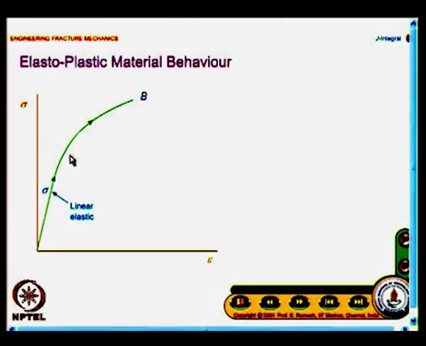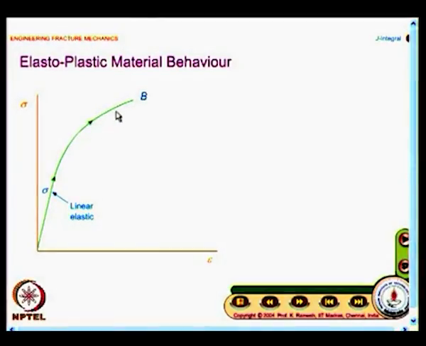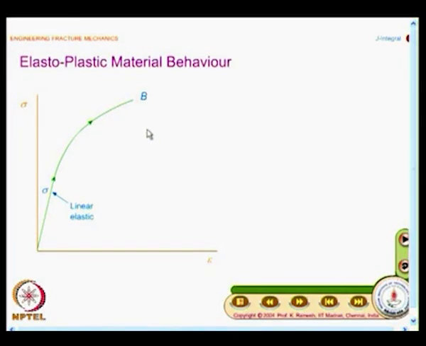Suppose I unload, what would happen if it is a nonlinear elastic solid? The unloading path will trace back the same way. In linear elasticity, you will go up and down in a straight line. In nonlinear elasticity, you will follow a curve. Suppose I go to elastoplastic behavior, from the elastic region I have gone to the plastic region.